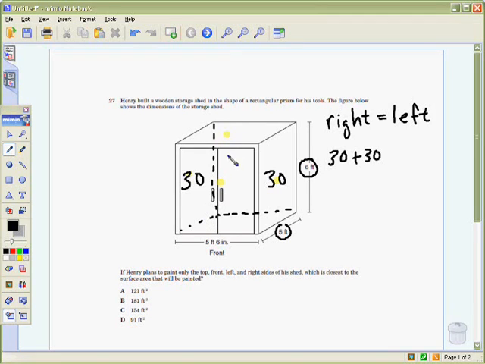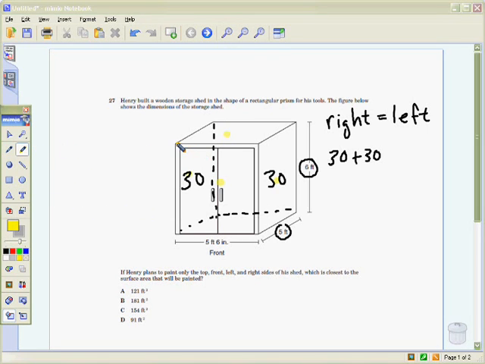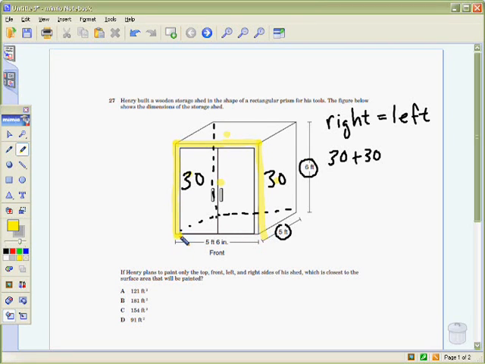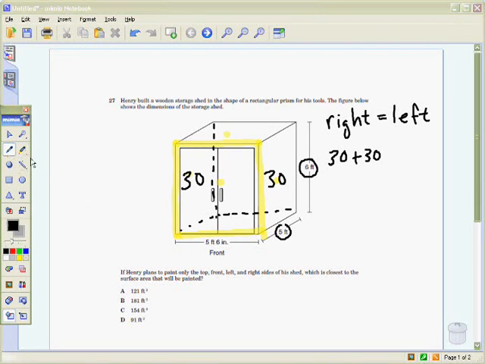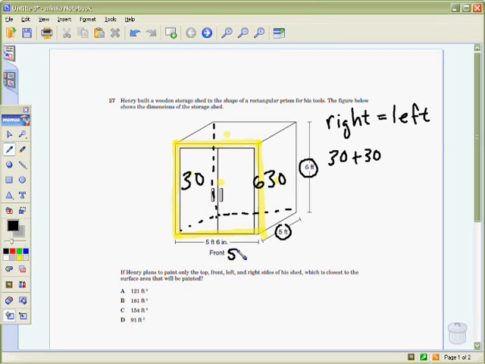Now the top, or if it's easier, the front. Since I'm writing here, I'll highlight what I'm looking at now. It is a rectangle that is 5 foot 6 inches by 6 foot high, because if this is 6, then this one right here is 6 as well. So this 5 foot 6 inches is 5.5 feet, not 5.6.